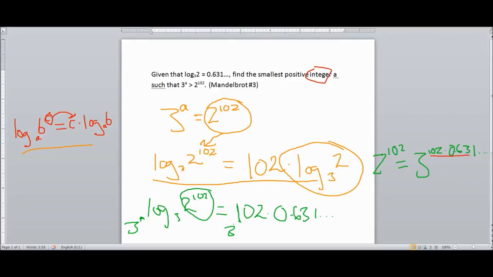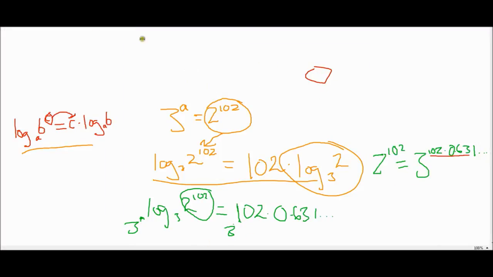So with a little bit of calculation, let's do it. 102 times, sorry about that, times 0.631, and we have 64.362.